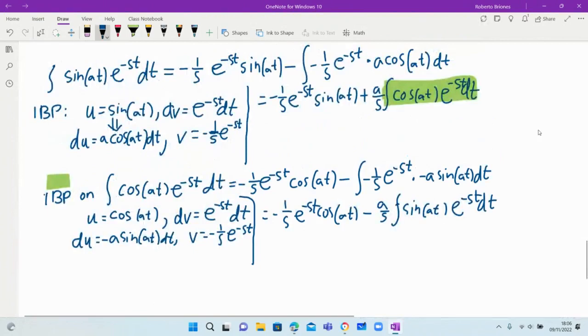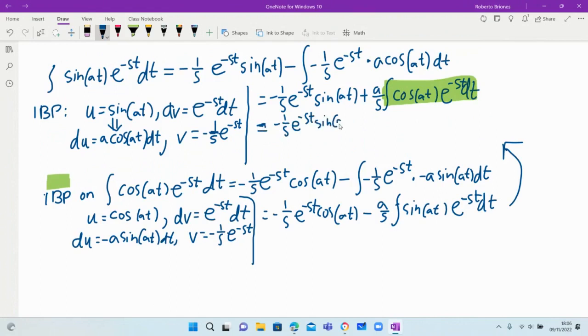So that if we go back to our previous integral, this will just become negative 1 over s e to the negative st sine of at plus a over s, and then we have a parenthetical expression here, which is this expression.